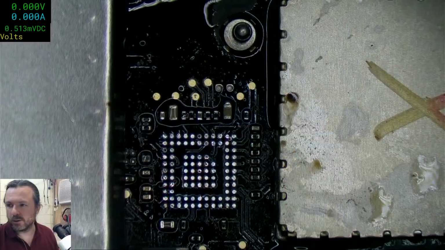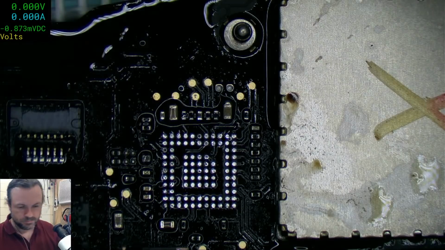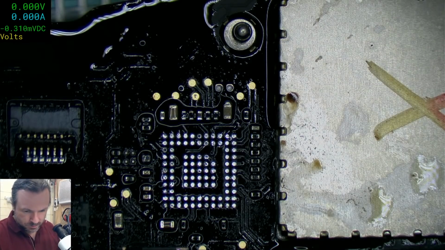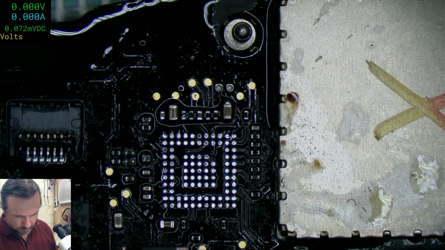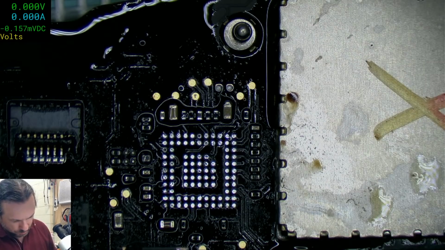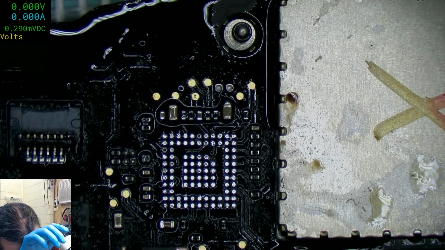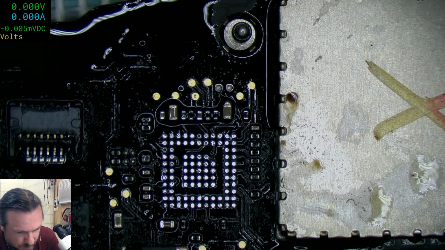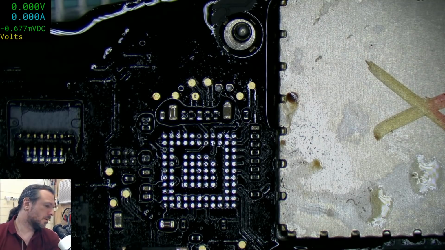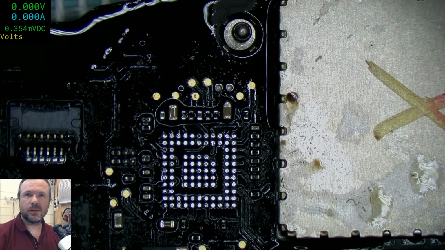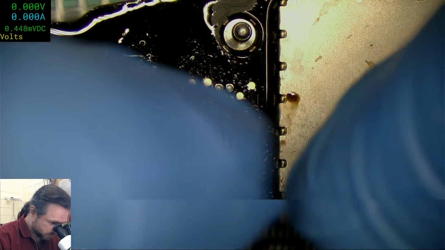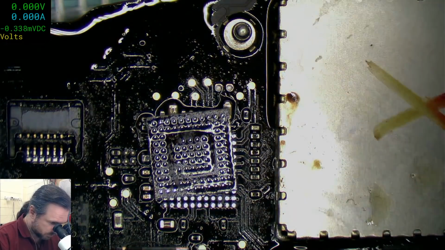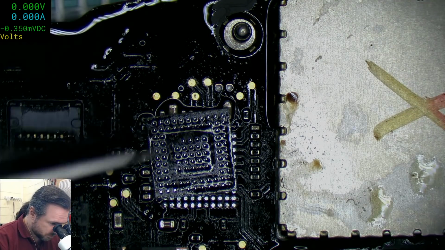Might as well just go microscope. Oh shoot. What did I do with that chip that I just had? I don't know which chip I just pulled. Was it this one?